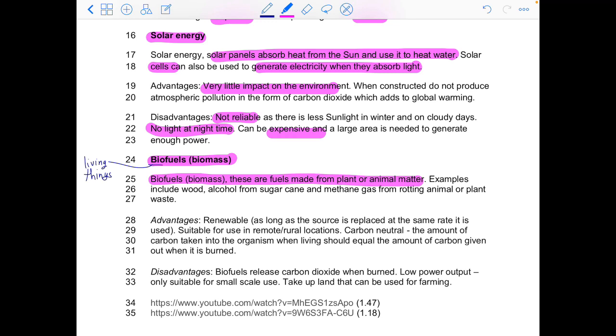The difference between burning a biofuel, such as wood, compared to coal, is we can grow trees. We can't just make more coal. So the advantage is it's renewable as long as it's replaced at the same rate it's used. It's also easy to transport, so it's suitable for remote rural locations.